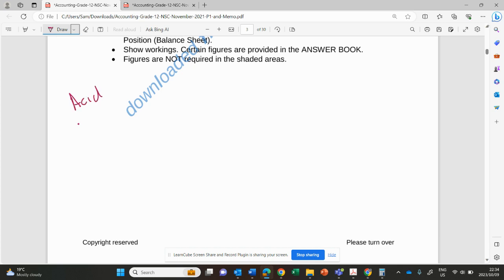Acid test ratio is equal to current assets minus inventory, over current liabilities.